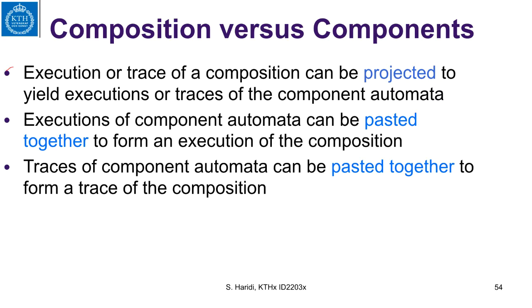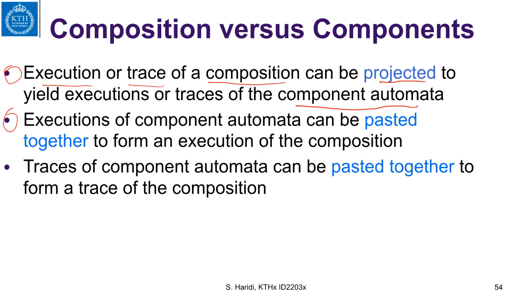So what we said is that an execution or trace of a composed automaton can be projected to give us the execution or traces of the component automata. So we will get the view of the component automata of that whole execution.